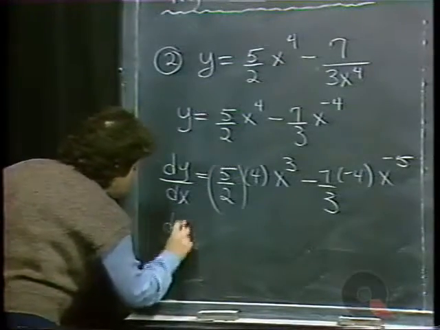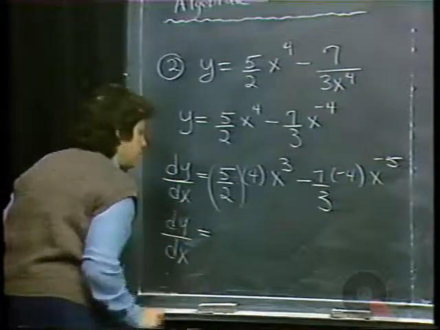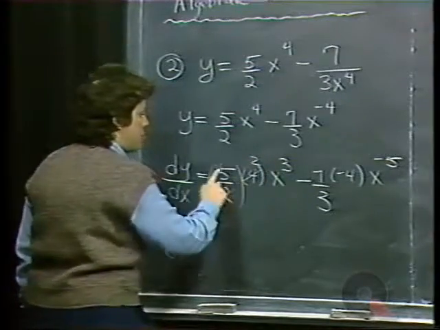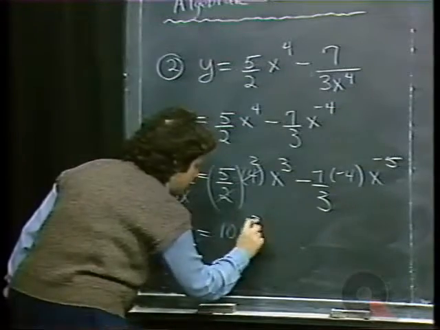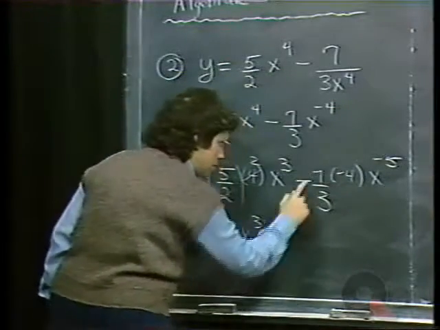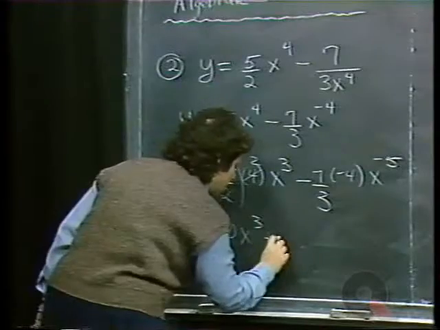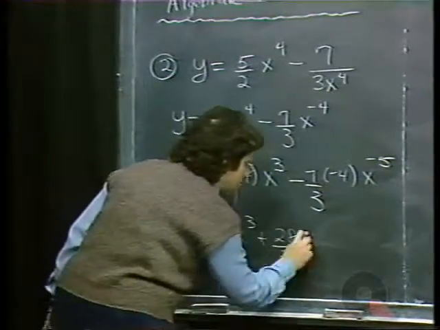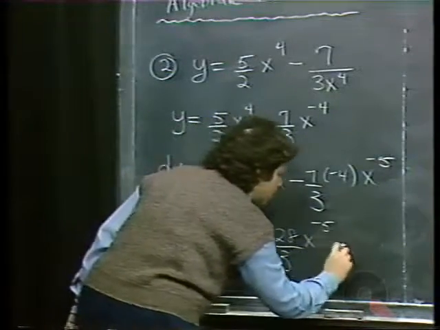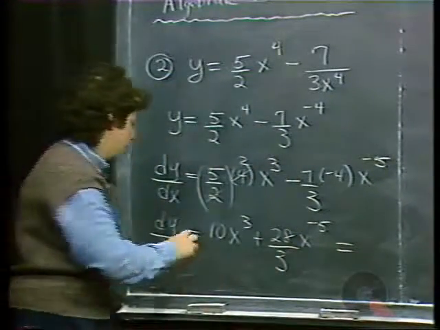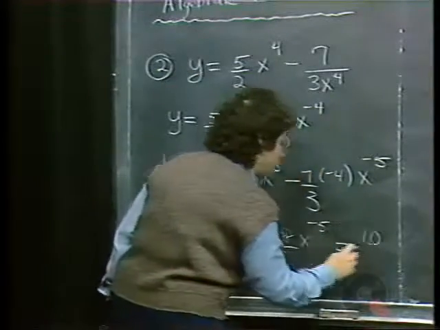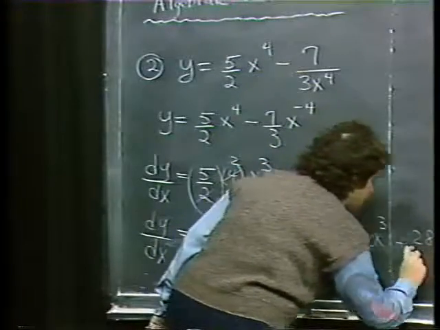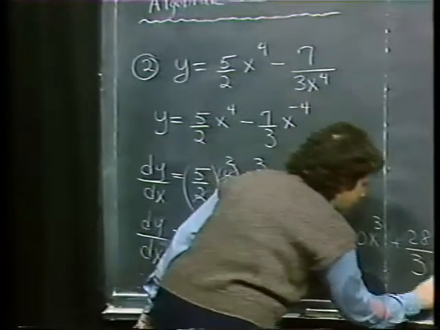Okay, so dy dx is, okay, 2 goes into 4 twice, so we get 10 x cubed plus minus 7/3 times minus 4 is plus 28 thirds x to the minus 5, and this can be left in this form or written as 10x cubed plus 28 over 3 x to the 5th.